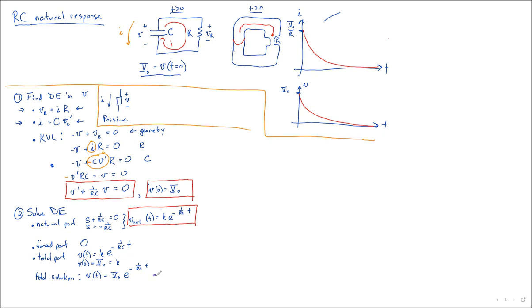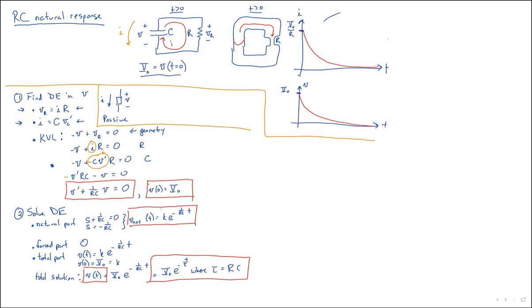In electrical engineering, we create this new variable, tau, which we say is equal to R times C. And this is the solution that we're looking for. And now that we've derived it, you can just plug that in whenever you need it.